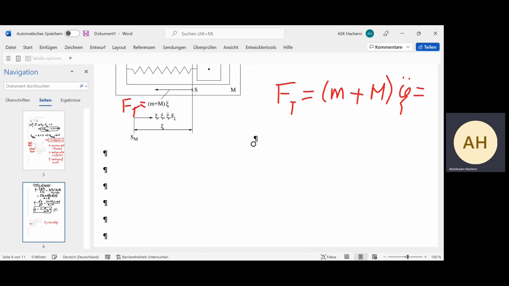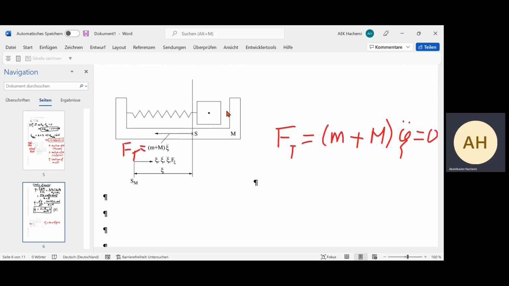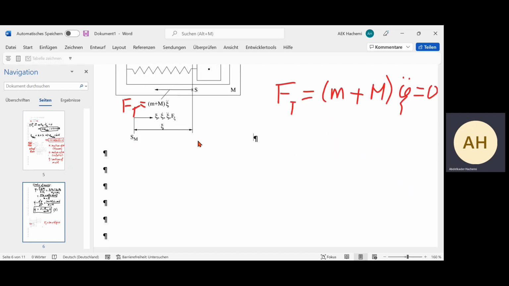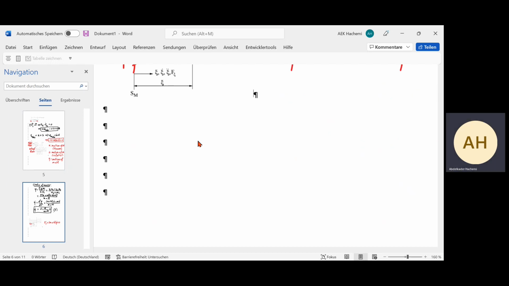With the principle of D'Alembert, it's equal to 0. In our case here, there are no other external forces. Internal forces of the spring can be considered if we cut here, but we let the system as it is and we look at what happens. That means here in our case, Xi dot dot will be equal to 0.